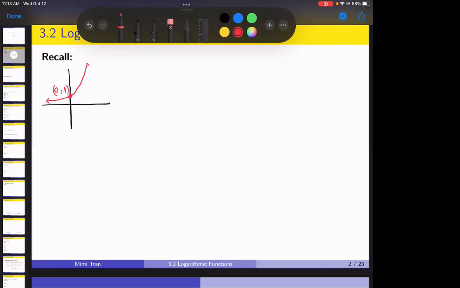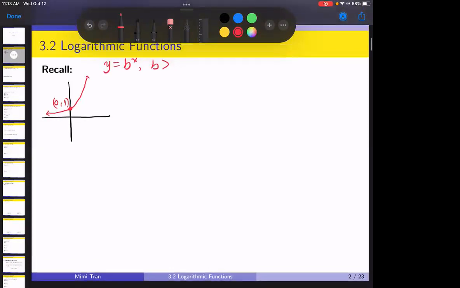In the growth case, b has to be greater than what? It can't be 1, right? 1 to the x is 1. So b is greater than 1. Exponential decay looks like this.